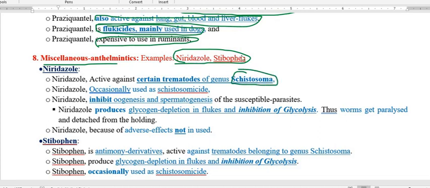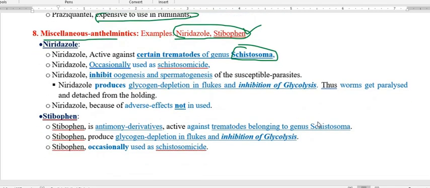Both niridazole as well as stibofen act on glycolysis. They interfere with glycolysis and so with ATP synthesis, and therefore these drugs kill the Schistosoma.